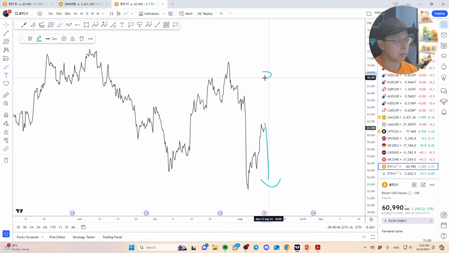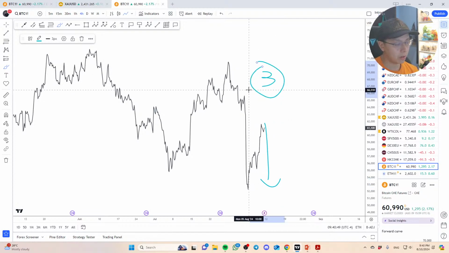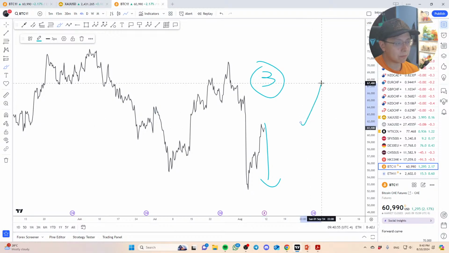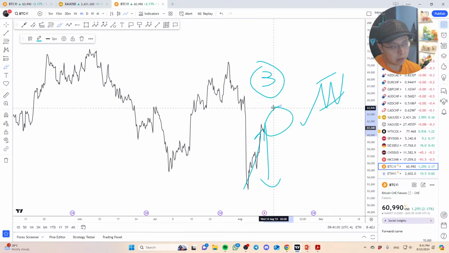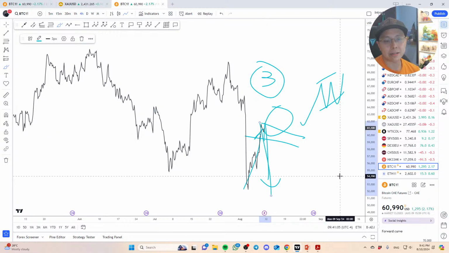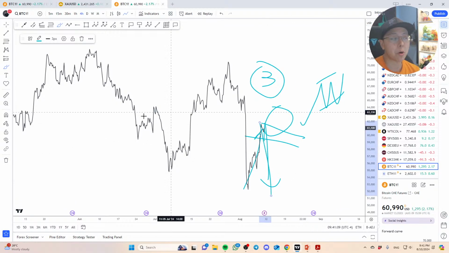This is scenario 3. What other ways can the market develop? That's it, right? Because it already went up fast, the next move here is going to be slow, or it can come down slow, or it can come down fast. That's about 90% of the time how the market is going to develop.